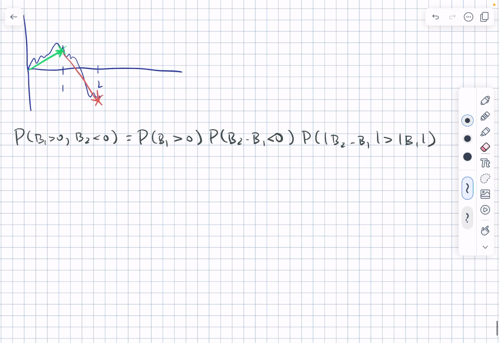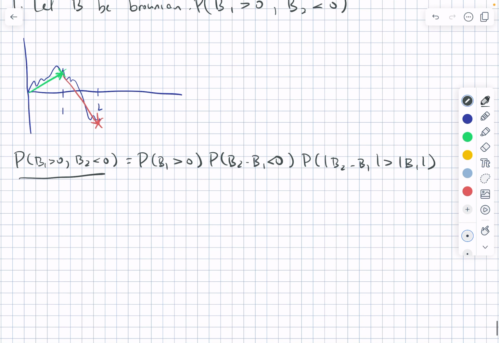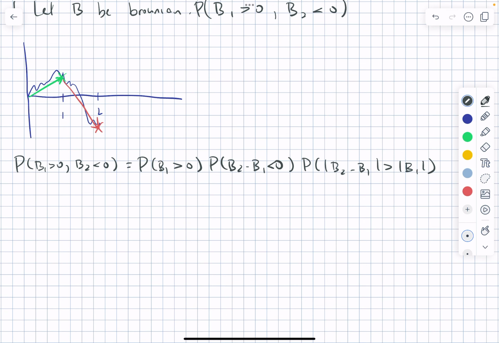So basically we're taking the complicated question that requires B1 to be greater than 0 and B2 to be less than 0, and dividing that up into 3 different probabilities that we can actually calculate based on properties of Brownian motion. First, we need B1 to be greater than 0, basically the increase, the up arrow in green.